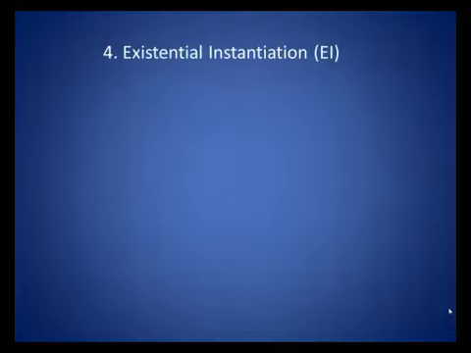Now we're going to look at existential instantiation. Now, unlike universal instantiation, I am not allowed to go from variable to variable. You must go from variable to constant. So remember how instantiation works. I remove a quantifier and I replace the bound variable with another instance.